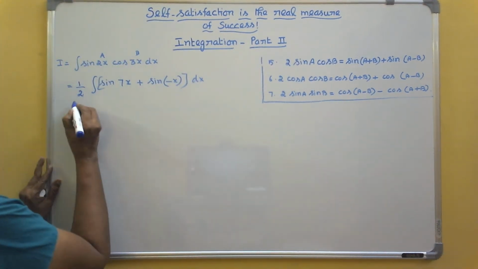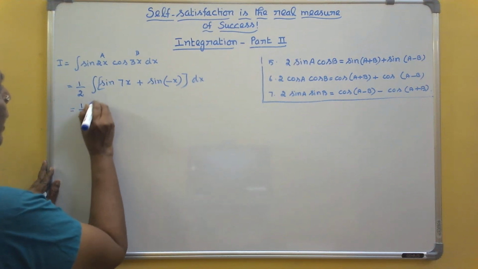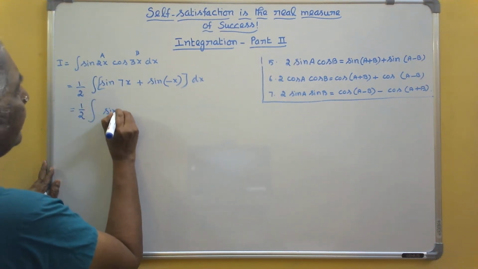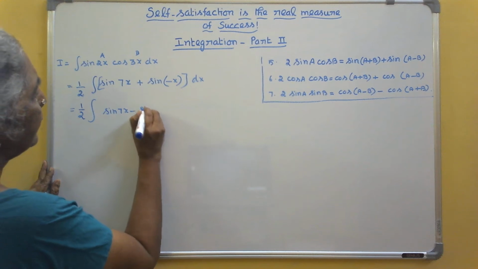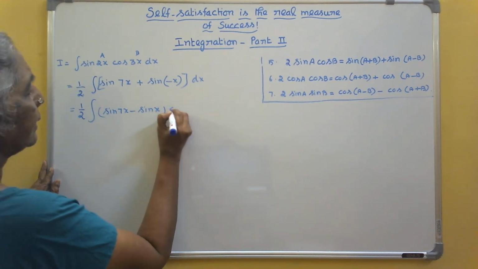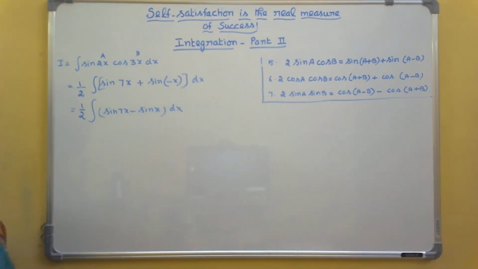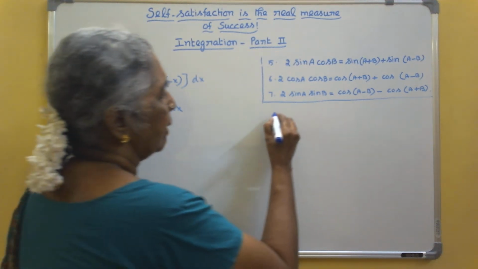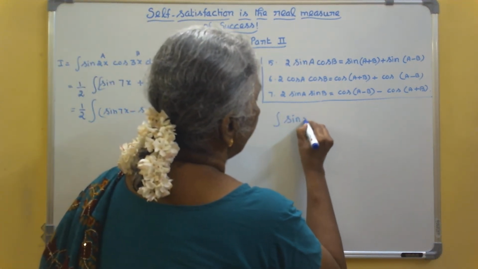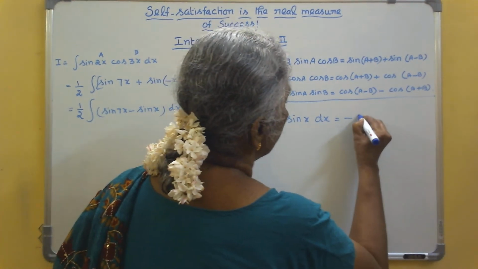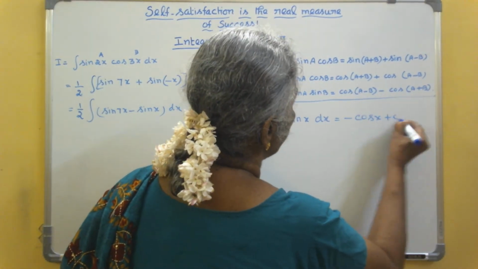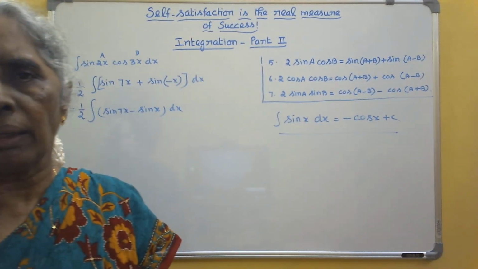So here I can write this is half integral sin 7x minus sin x dx. Now it is easy for me. You know, integral sin x dx is equal to minus cos x plus c. This is the basic formula, right?